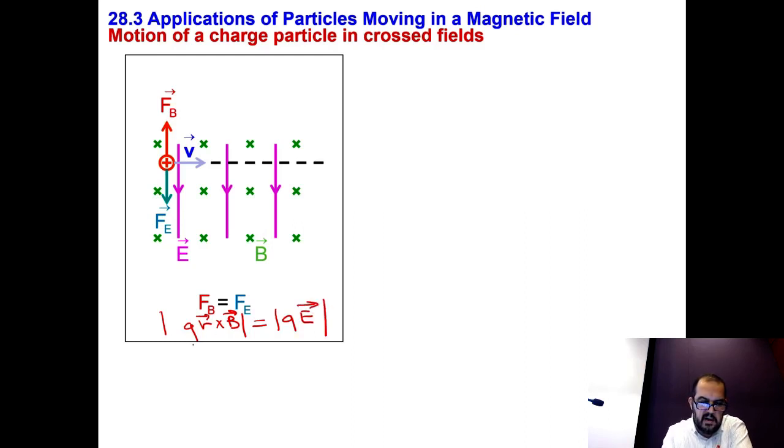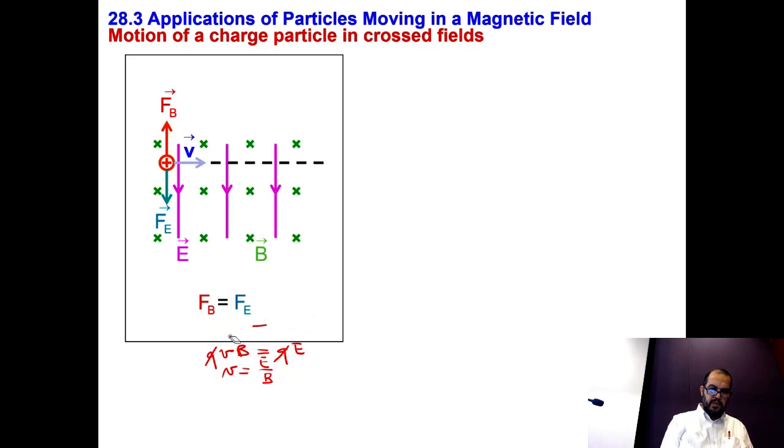Since V and B are perpendicular to each other, qVB is equal to qE, so the q's cancel, and V is going to be E over B. This will take place if the speed of the particle is equal to the ratio of the magnitude of the electric field divided by the magnitude of the B field. In that case, the particle will just move in a straight path.